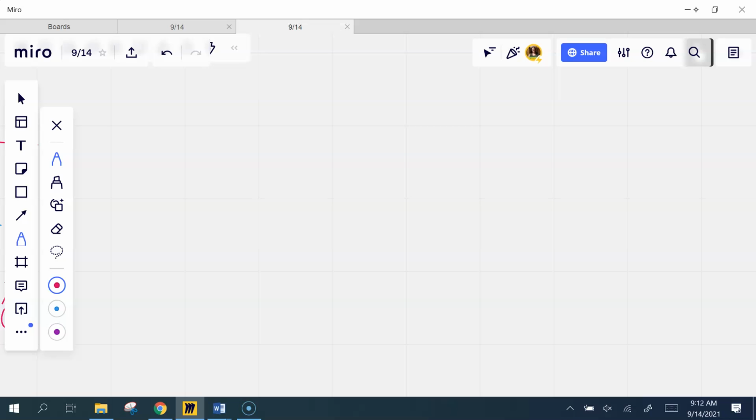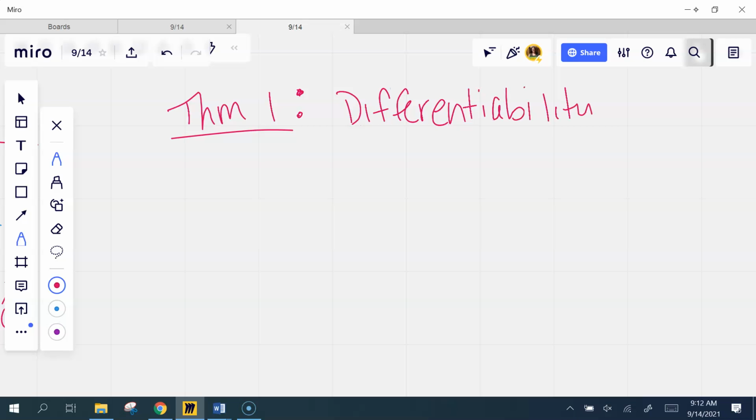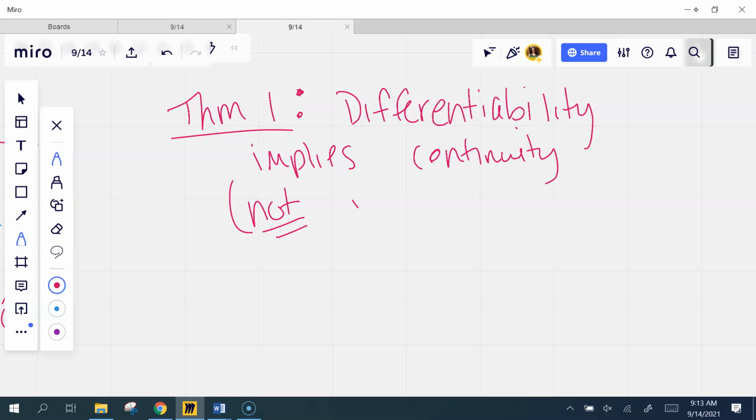I have two theorems I want to talk to you about. I've already talked about them, but I just want to put them in words for you. There are theorems as we go through different things. The first theorem is exactly what I said about being differentiable and continuous. Differentiability implies continuity. Not vice versa.